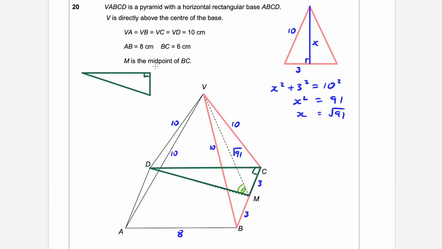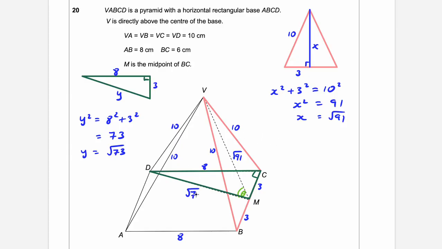This is our right angle. And this length here is 8 because that length along is 8. So this is 8. This is 3. And this let's call y. So now I can say y squared equals 8 squared plus 3 squared. y squared equals 64 plus 9, which is 73. y is equal to root 73. Let's keep it like that. This is root 73.